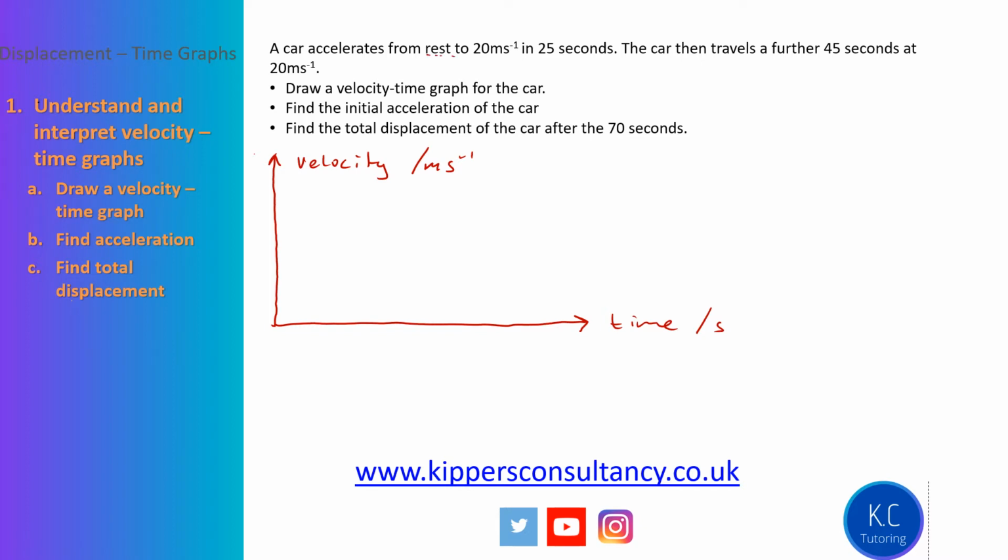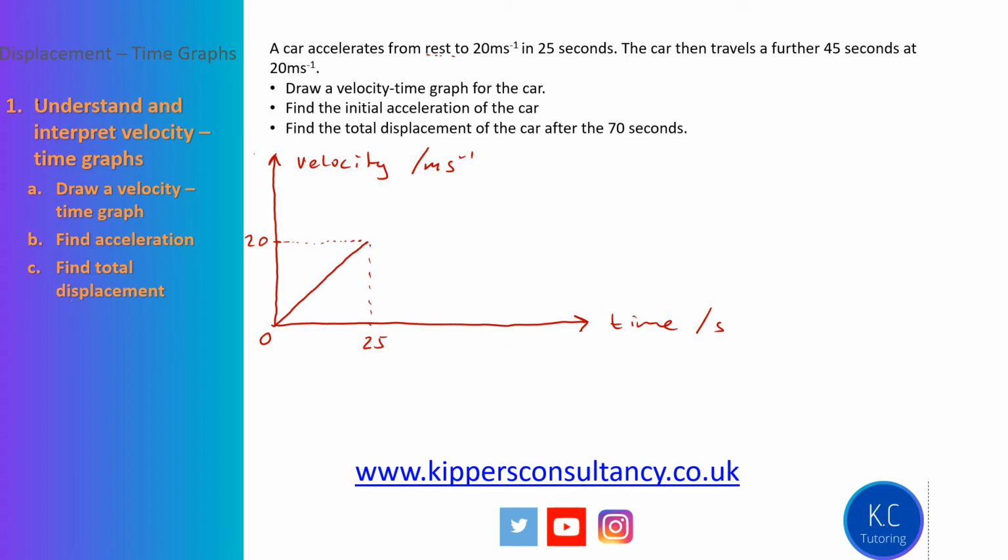So at time t equals 0, the velocity is 0. Here is the car accelerating, and it will accelerate over 25 seconds to a velocity of 20 meters per second. So I've put in critical points on the axes of the graph.